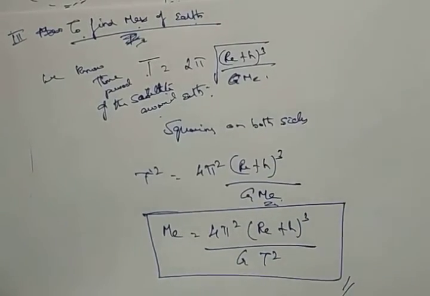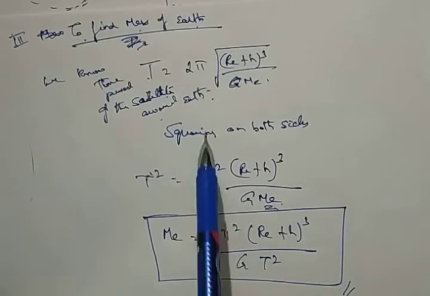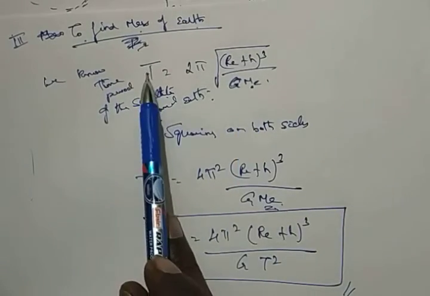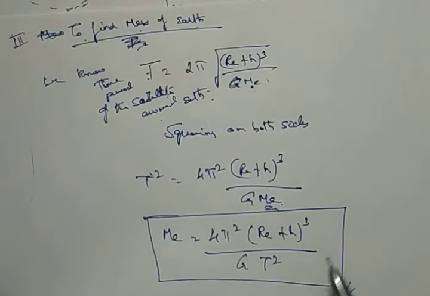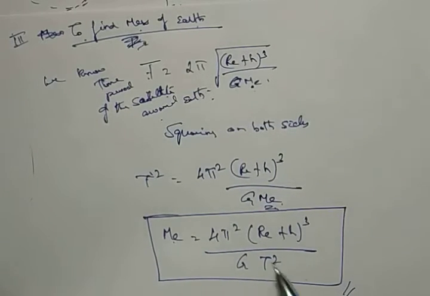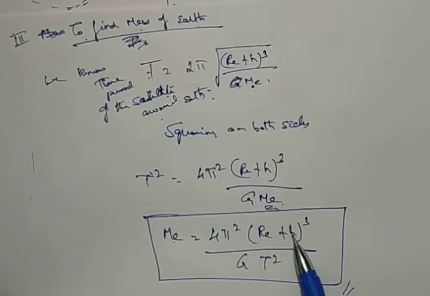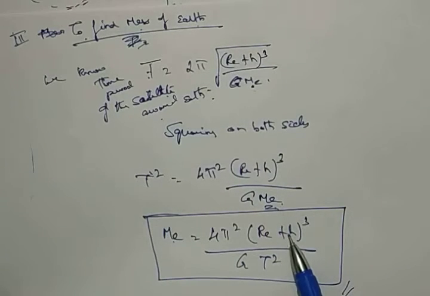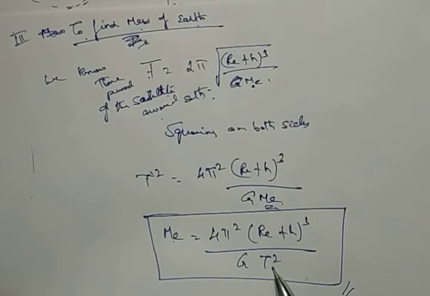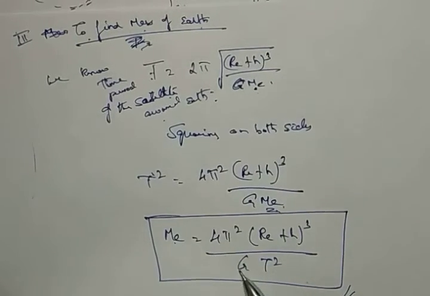Very simple. There is nothing much we have done. Same formula we have put. M we have taken here. T we have brought it down. That's all. So if this is the value here, I already told that it is taking 84 minutes. We already know how much height it is. If you put this one at a particular height, and in that height you know how much time it takes to revolve around the Earth, if these two parameters are known, rest everything is constant.